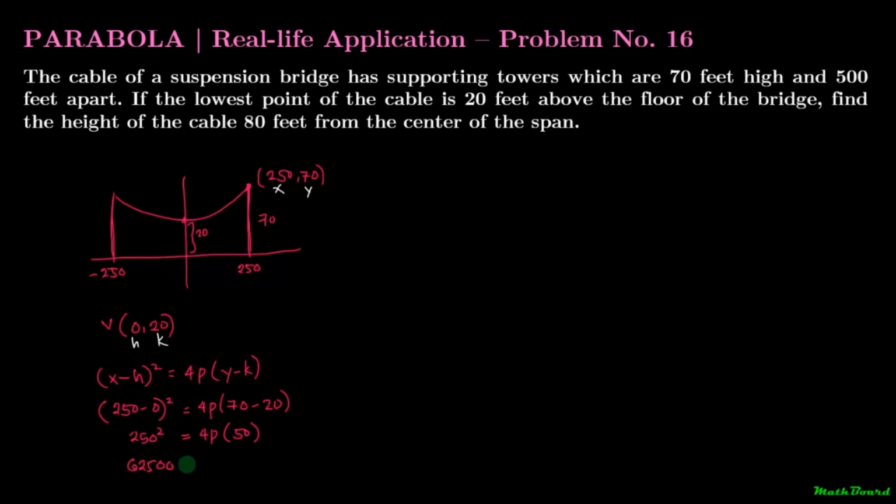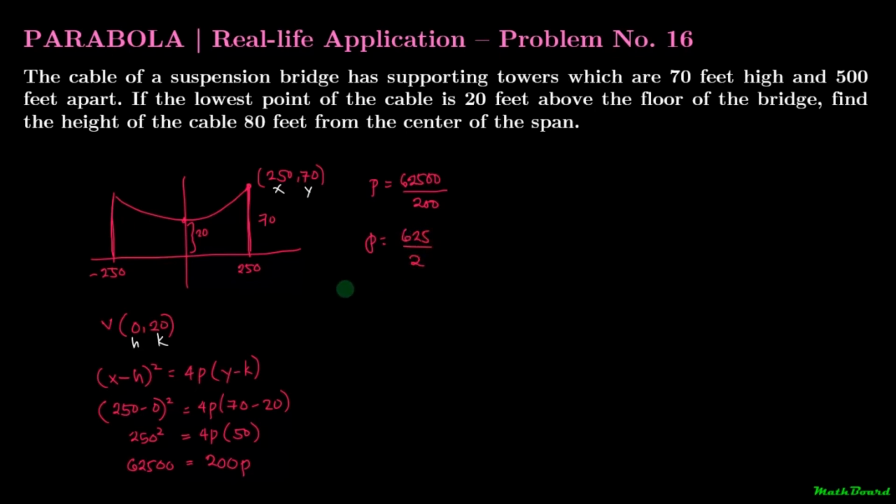Then, we put 2 zeros here. Then, 50 times 4, that's 5 times 4, 20. So, 200p. Then, dividing both sides. So, p is equal to 62,500 divided by 200. Okay, calculate lang natin. So, 625 over 2.